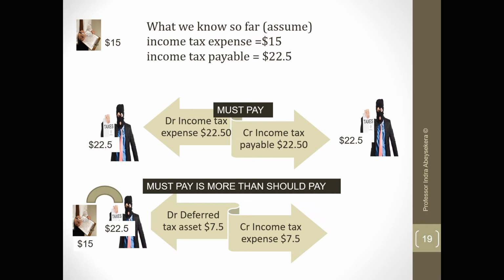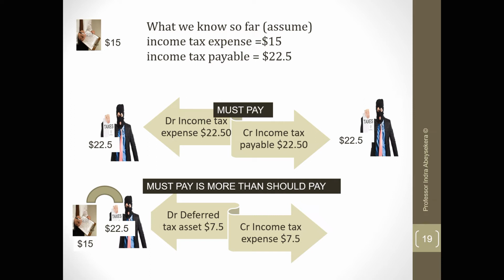So what we know so far is that income tax expense and income tax payable often are not identical, because what must be paid and what should be paid are different. Our first entry is for what must be paid: we credit income tax payable and debit income tax expense.